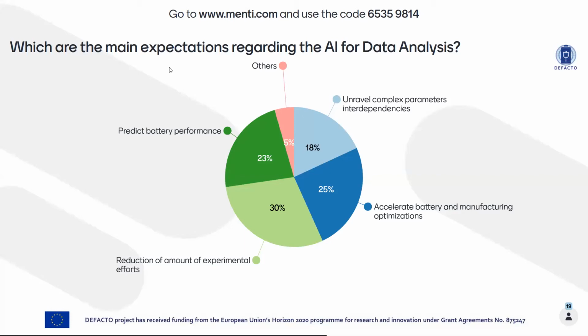I think for sure it depends on the industry. It depends which kind of industry we are talking about, right? Because people making cells may be more interested in battery performance. Others, maybe in synthesis of materials, will deal more with the amount of experimental effort, right? Even though nowadays people synthesizing materials for batteries are also making their own cells, right?